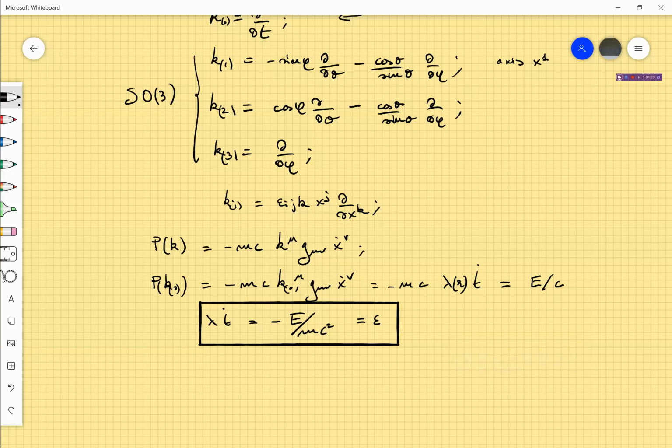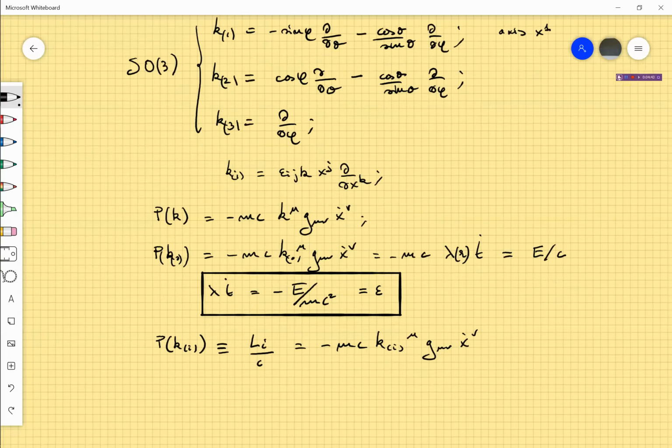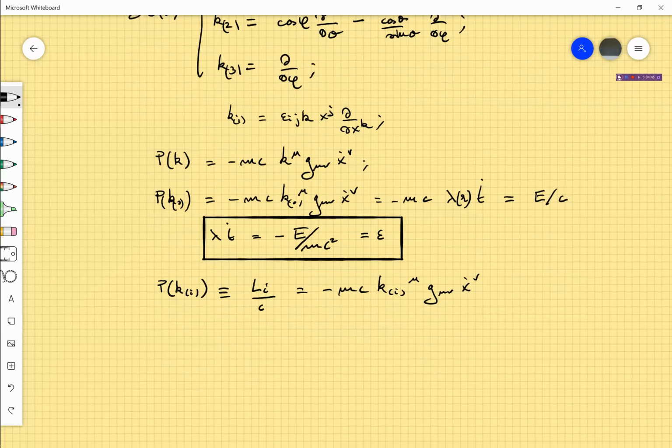Now we have these three quantities, that we are going to call Li divided by c. These are the three components of the angular momentum, and they are given by this expression again. This is a complicated expression if we want to compute it for all the k's.